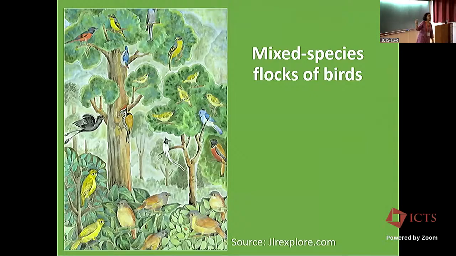So it is supposed to have a benefit for everyone. They also benefit from anti-predator sentries that tell them when a predator is coming. So there are more birds looking out for predators. So there are these advantages to mixed flocks.